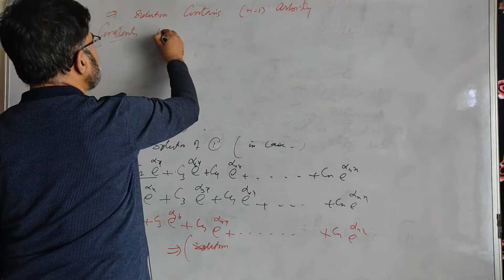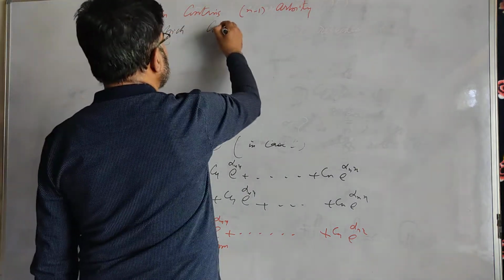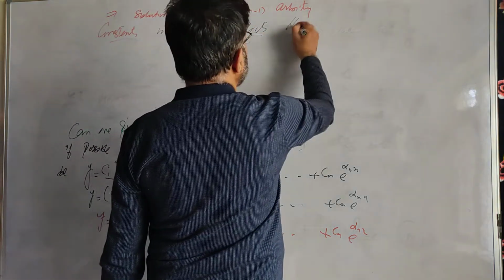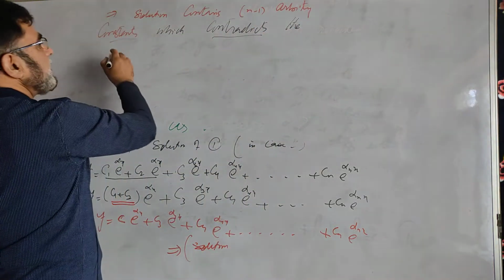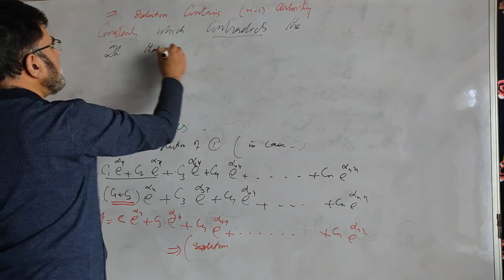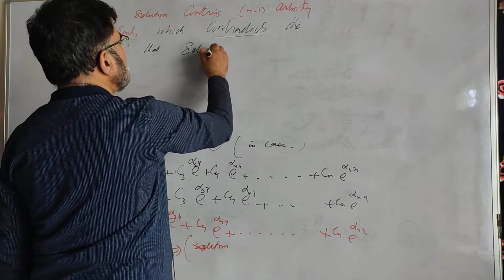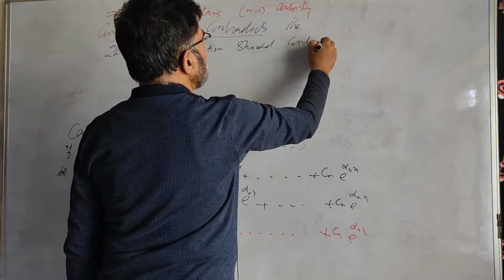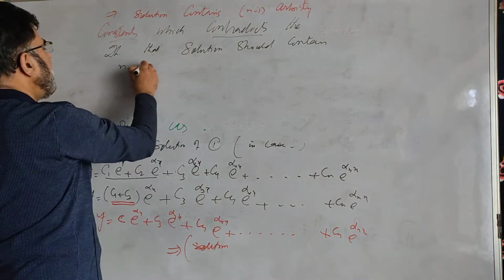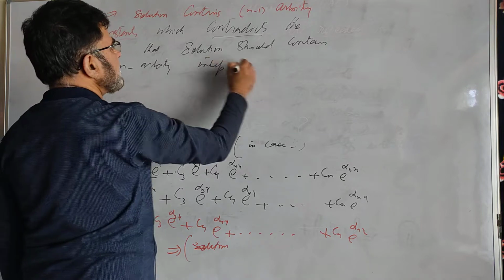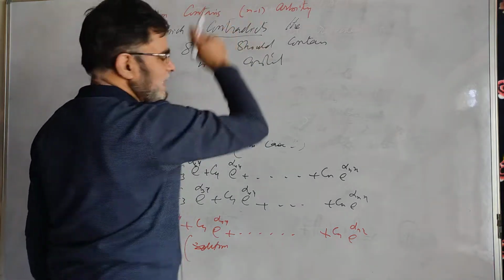It contradicts the theorem that the solution should contain n arbitrary independent constants. So it is a contradiction.